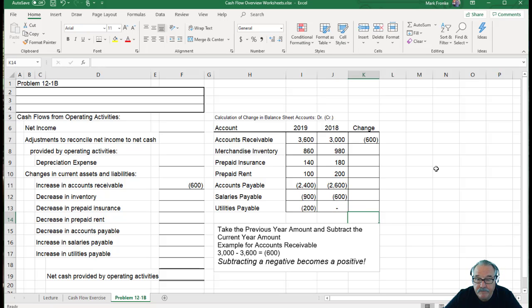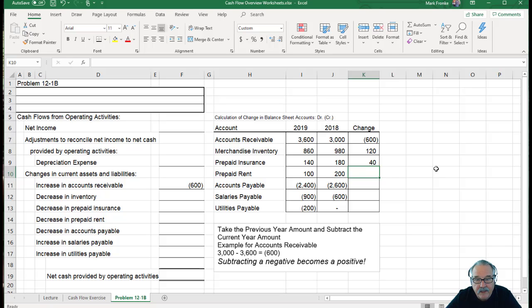Okay, so what I'm going to do is take the previous year amount and subtract the current year every single time, because if that is positive, that means it has a positive effect on cash flows. If it's negative, it has a negative effect on cash flows. So you'll see that accounts receivable went up. That's why it has a negative effect on cash flows.